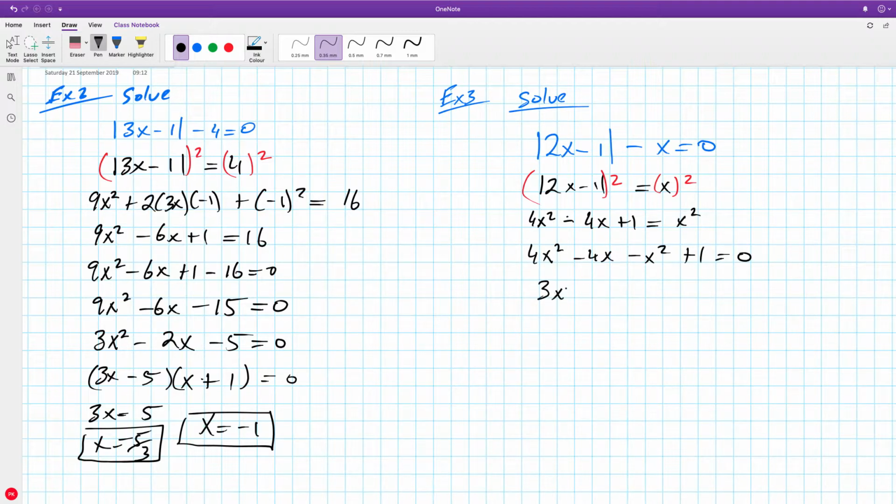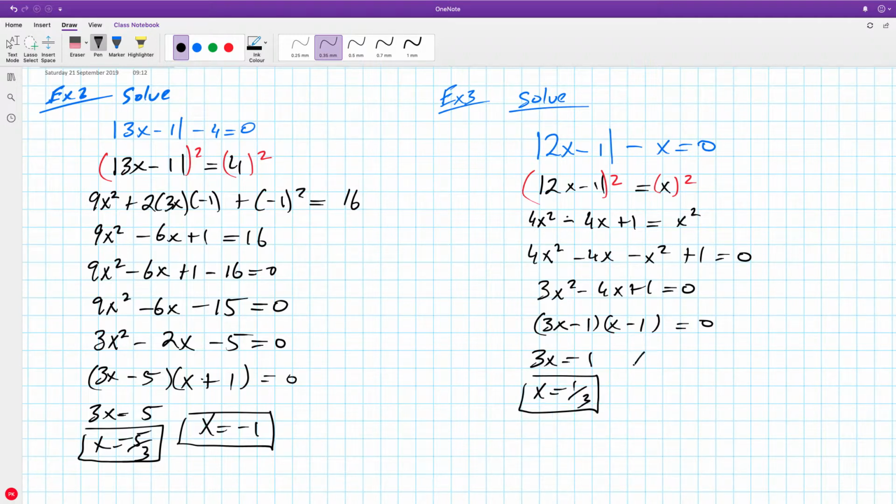That's 3x squared minus 4x plus 1 is equal to 0. Right, bracket, bracket. 3x and x, minus 1 minus 1. 3x is equal to 1, x is equal to a third. x is equal to 1. Happy with that?